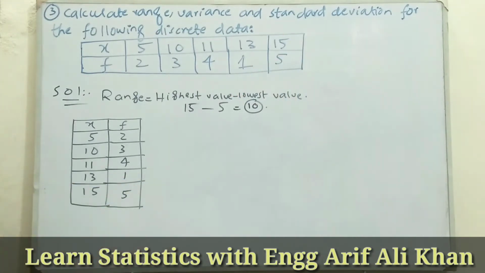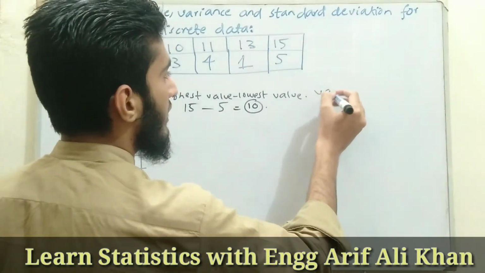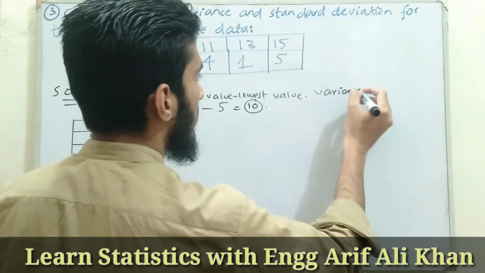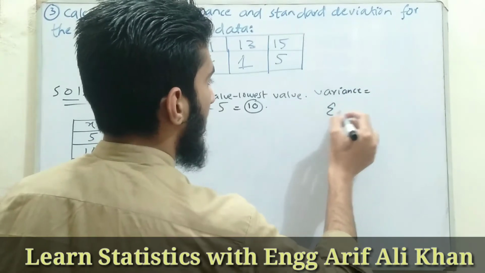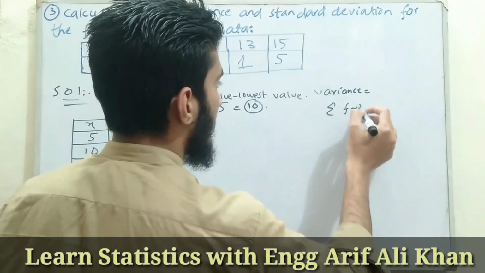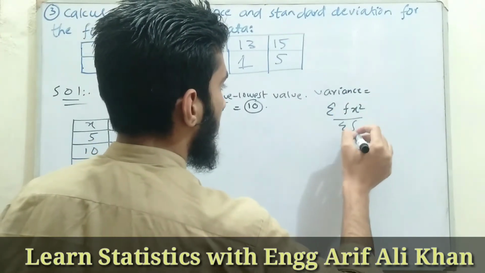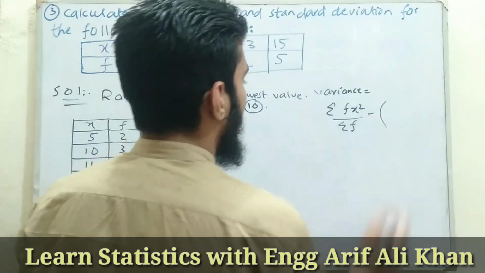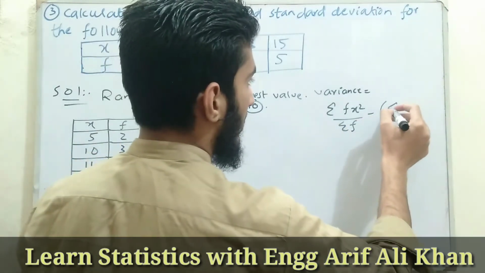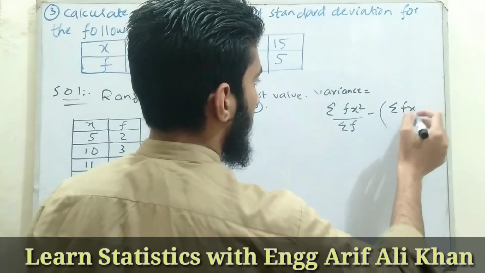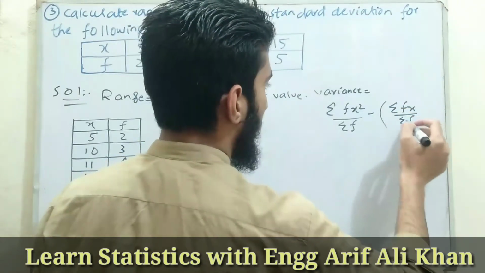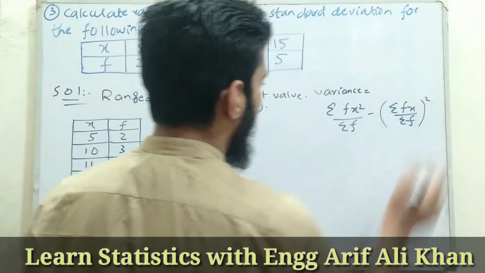Now the formula for the variance is equal to sigma f x square divided by sigma f minus bracket sigma f x divided by sigma f whole square. This is the formula for the variance.